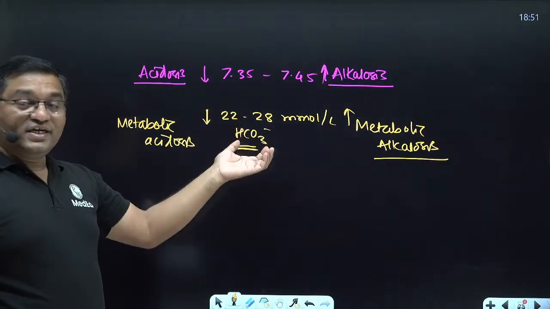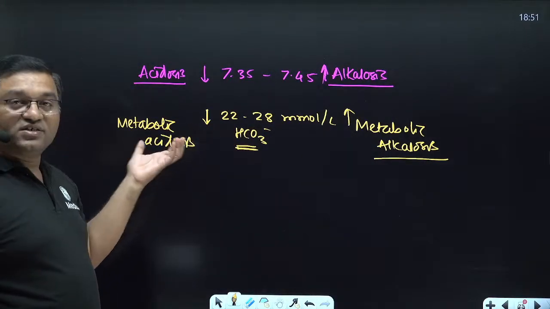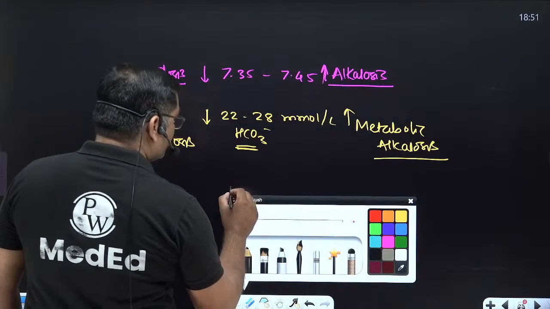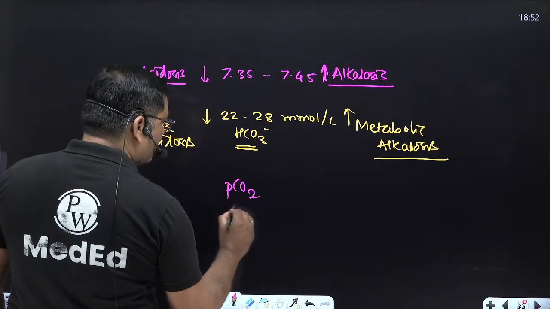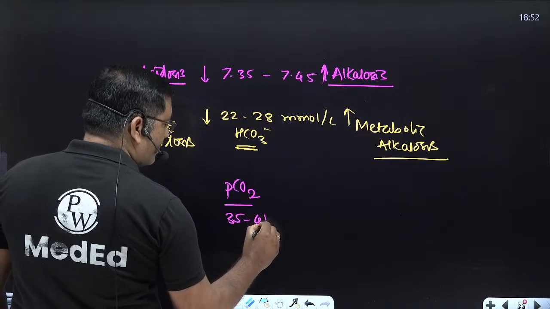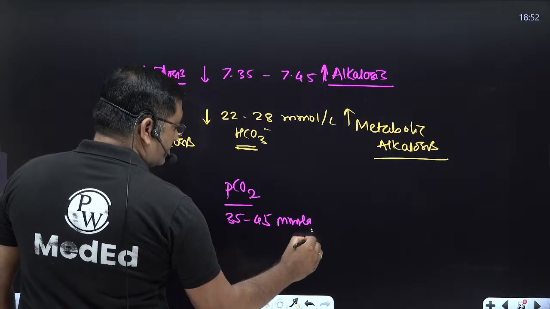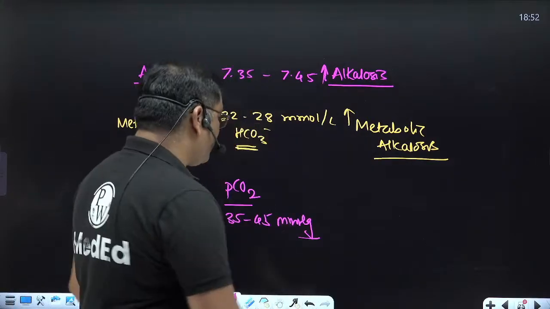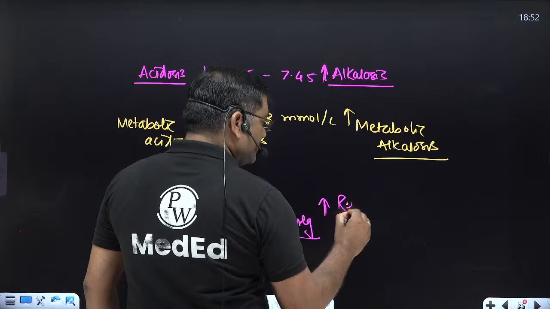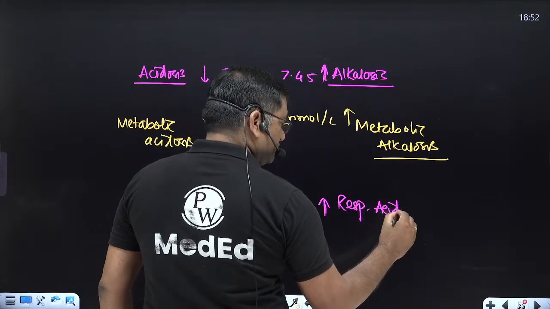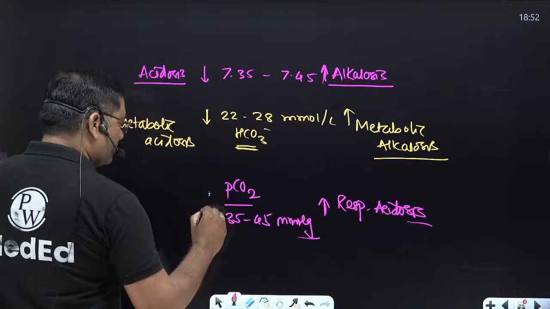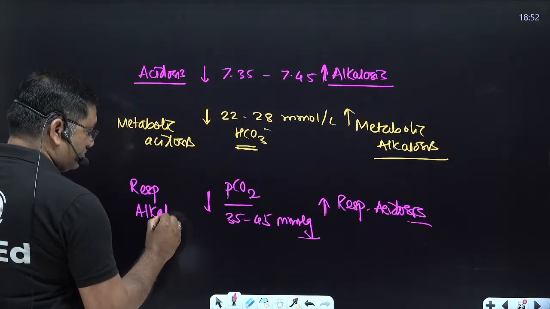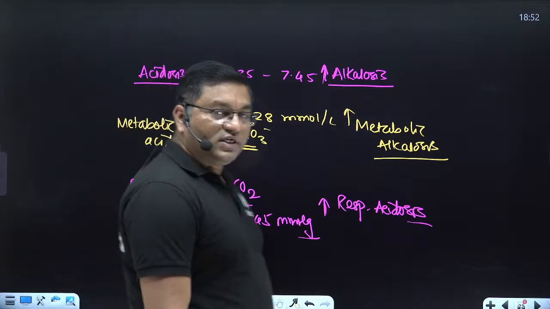Then PCO2, partial pressure of carbon dioxide, 35 to 45 mmHg is the normal range. PCO2 means carbonic acid. If acid increases, it is respiratory acidosis. If acid decreases, it is respiratory alkalosis. Got it?